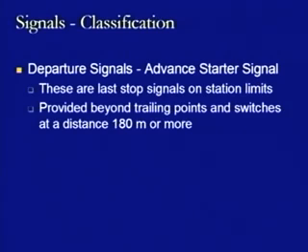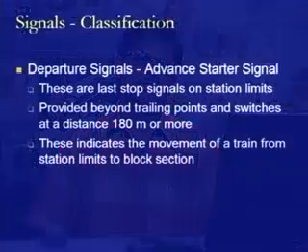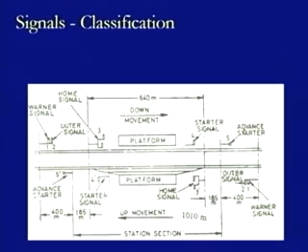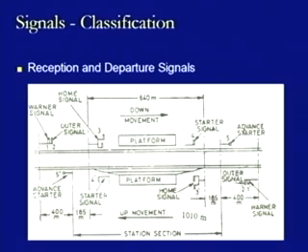So, once the train crosses the points and switches, then after a distance of 180 meters or so, we can provide a signal which is termed the advance starter signal. These signals basically indicate the movement of a train from the station limit to the block section, as I have already defined.